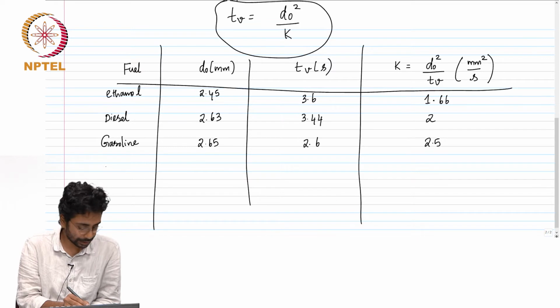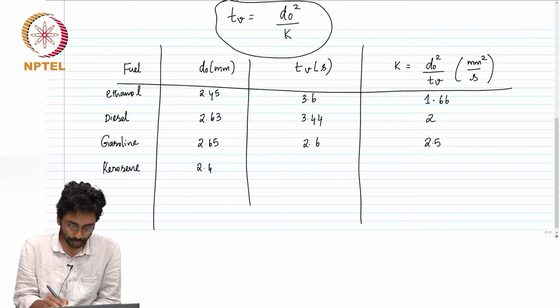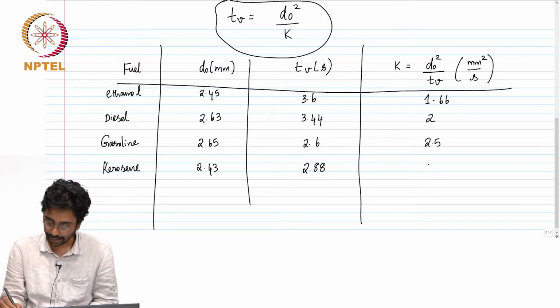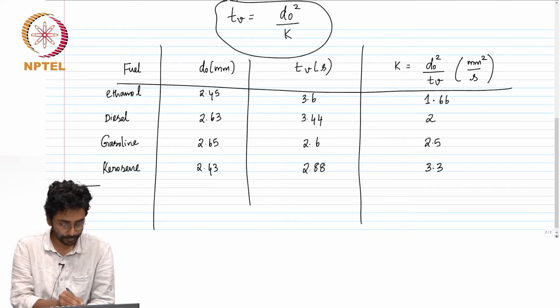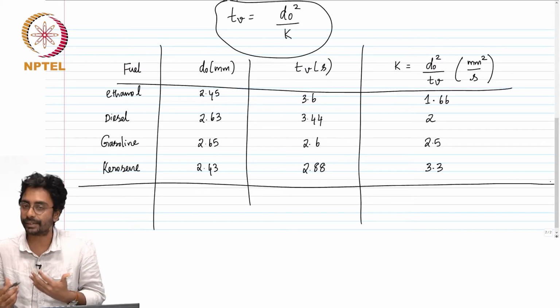Finally we saw kerosene, again 2.43 mm, time it took was 2.88 seconds. You can calculate, you will get something like 3.3. You can cross check these numbers by plugging in the details from the videos.